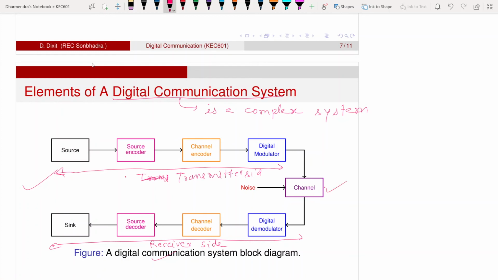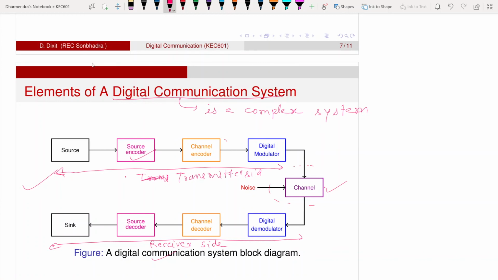In the transmitter there is a source, and the source output goes to the source encoder. The main function of the source encoder is to compactly represent the output of the source. Then the output of the source encoder goes to the channel encoder. The channel encoder adds certain additional bits to combat the noise present in the channel.